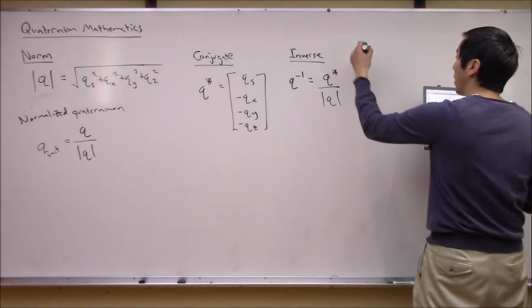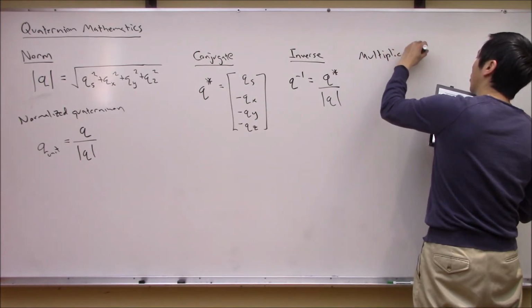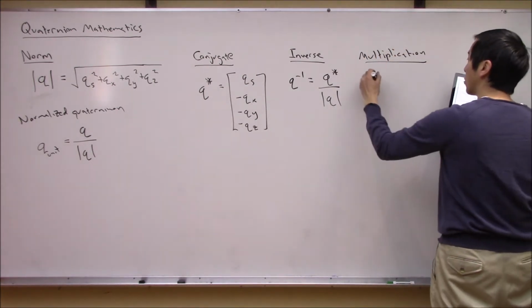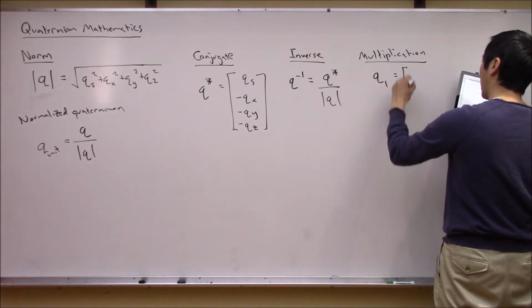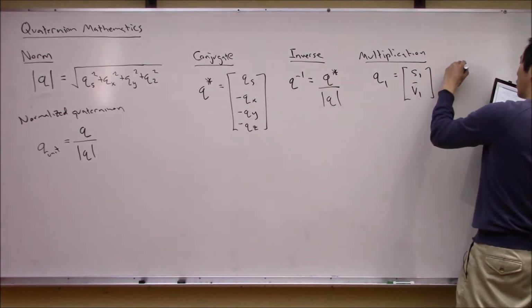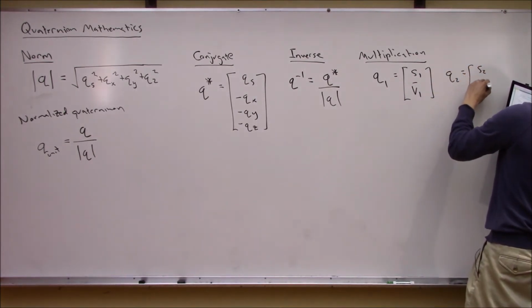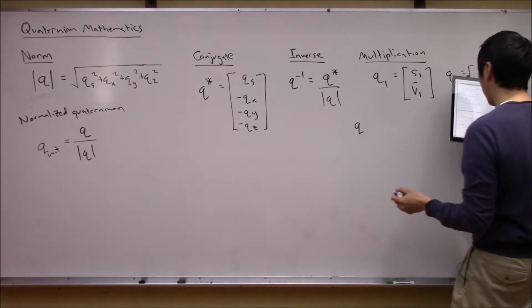Okay, how about multiplication? Okay, so multiplication, if you've got two quaternions, let's say q1, which looks like an s1 and a v1, and you've got q2, which looks like an s2 and a v2, right? You can define the multiplication or the product of these things.